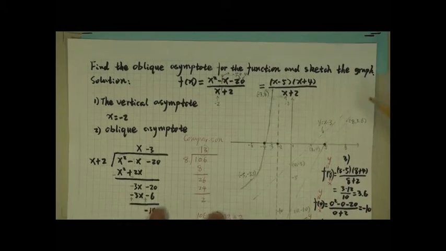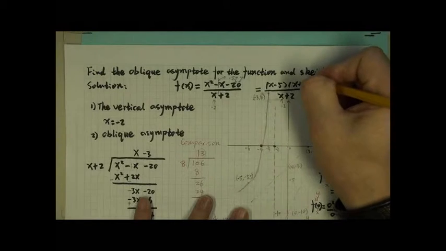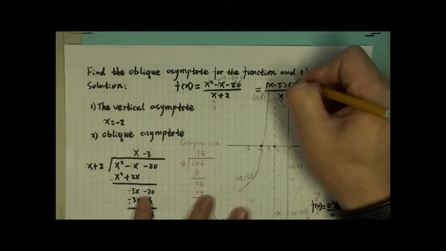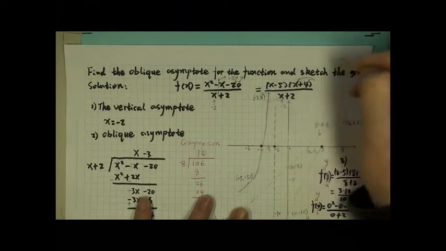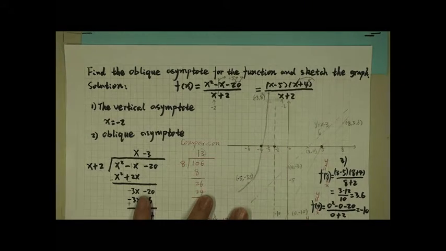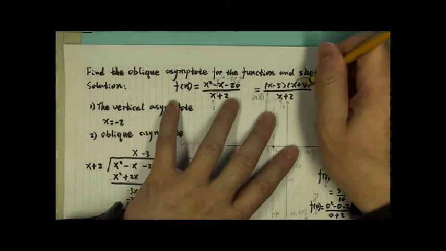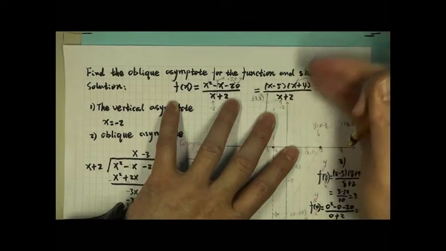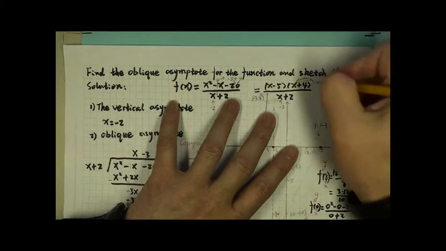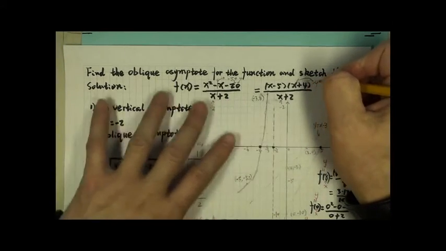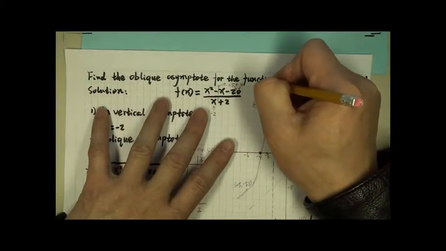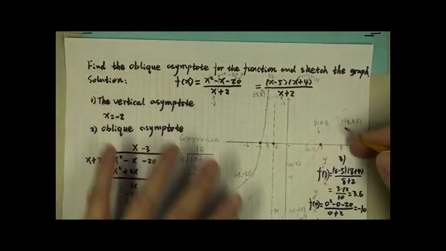Here is negative 4, that's the 0 point, and here is 5, that's the 0 point.